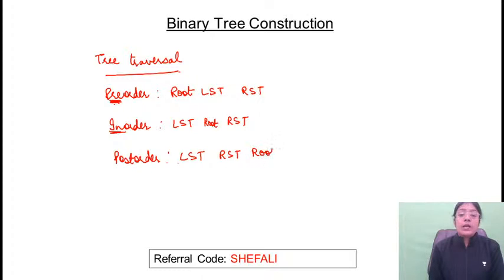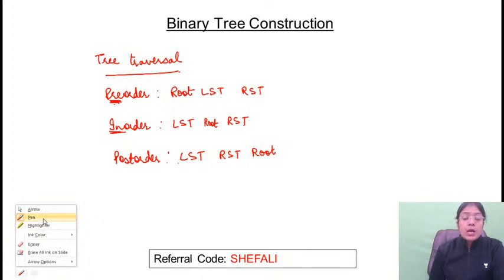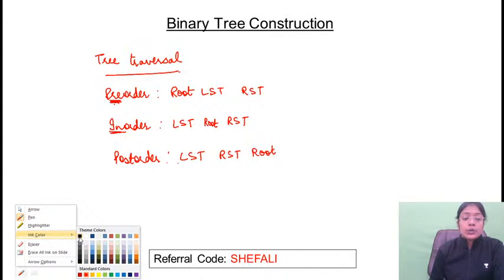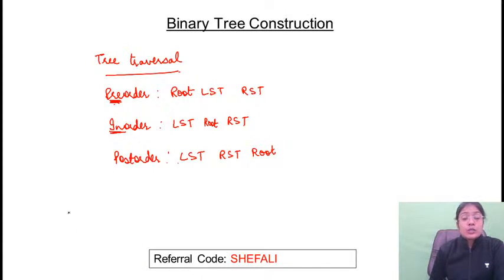Does anybody have any doubt on these traversals? We have done sufficient practice, so I hope there will be no doubt. Now we have to construct a tree. Everywhere you have read that in order to construct a unique tree, you need pre-order plus in-order, or post-order plus in-order, which will give you a unique binary tree.